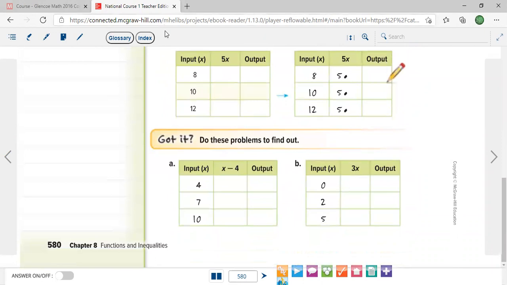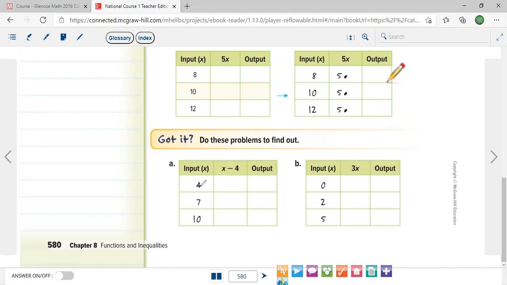Let's take this problem and solve. We have here the input, the function rule, and the output. The input, we name it as x, so this x could be 4, could be 7, could be 10. So you stick to the numbers we give you. And this is the function rule, meaning we need you to make x minus 4.